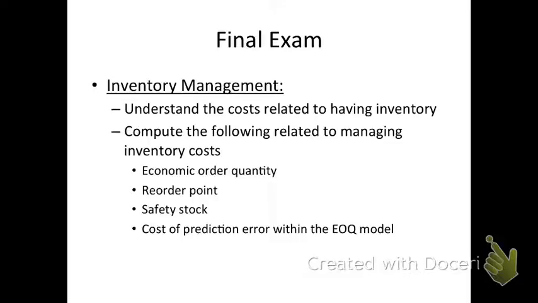So being able to calculate economic order quantity, being able to determine by looking at our inventory levels when to reorder, so determining the reorder point, and calculating the amount of safety stock that we might hold for cases where our lead time may be different than we expected, or our sales rate or usage rate might be different than expected. Then being able to determine the cost of a prediction error for any of the parameters in our economic order quantity model.